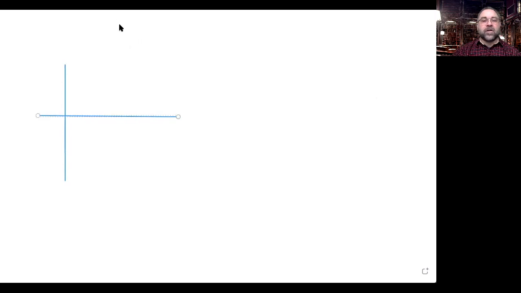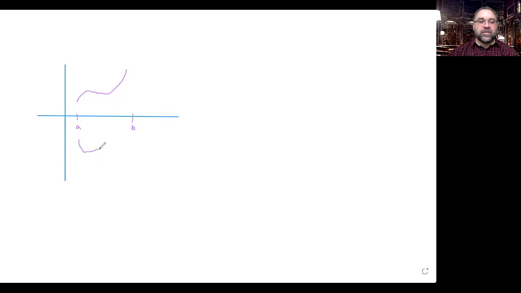So I'm just going to start with my generic function, f of x, on an interval. If this is what my function looks like from point A to B, and I'm revolving this function around the x-axis, we get, well, that's not quite right, but you get the idea.